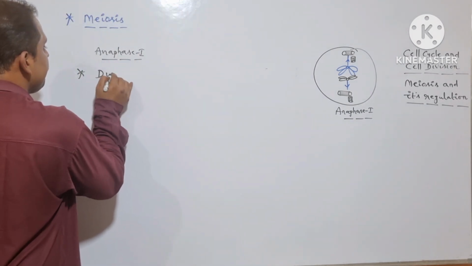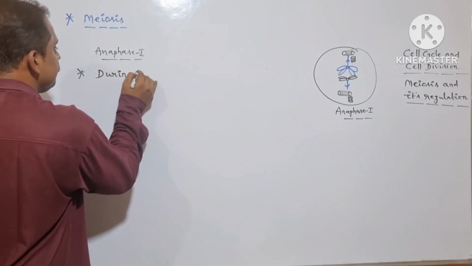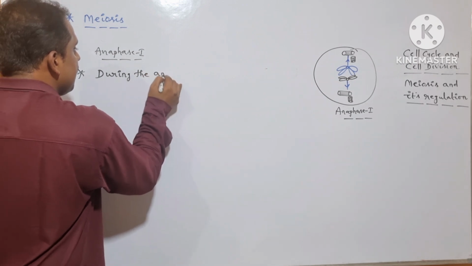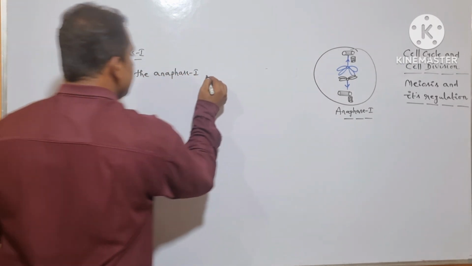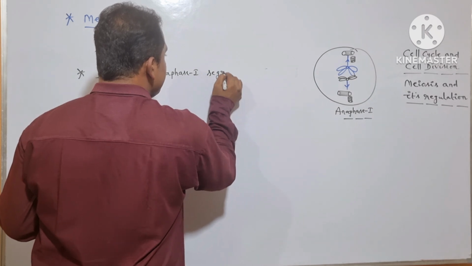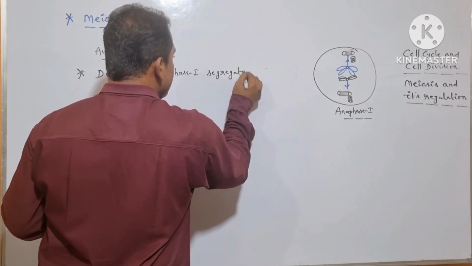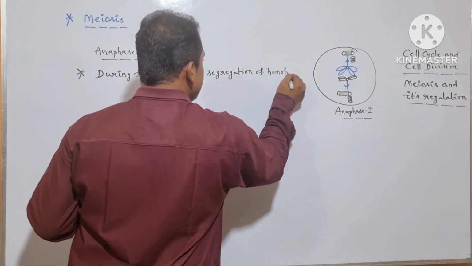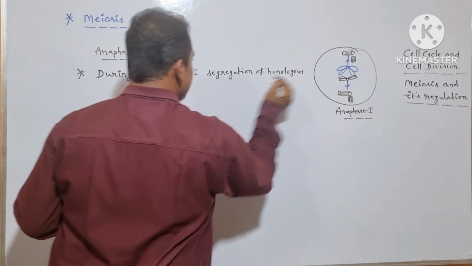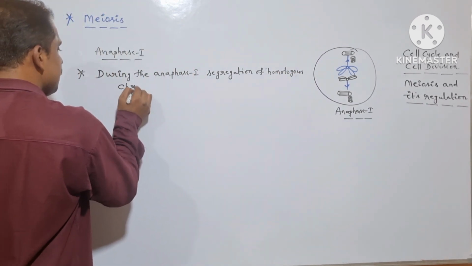During the anaphase 1, segregation of homologous chromosomes takes place.